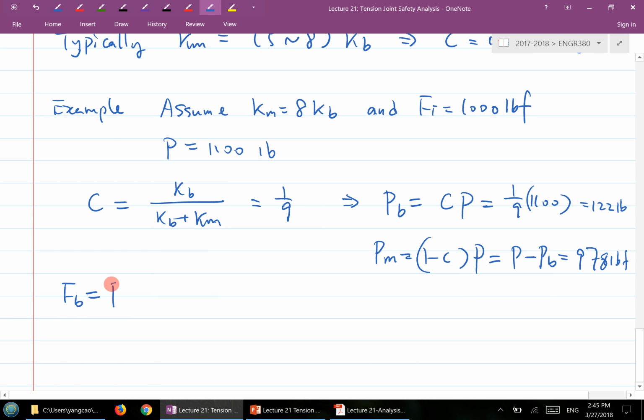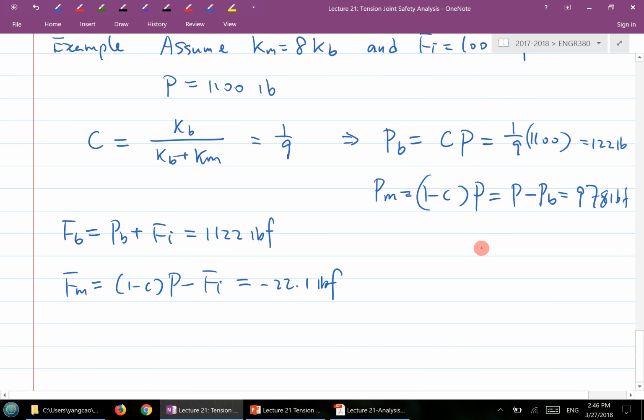Fb is Pb plus Fi, which is 1122 pound force. Fm is (1 minus C) times P, and then minus Fi, which is negative 22.1 pound force.